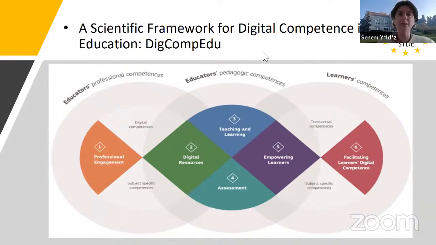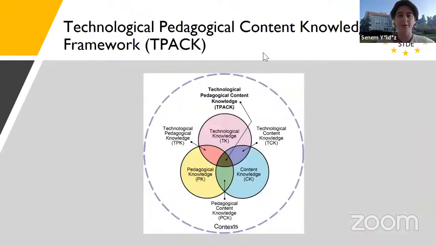This framework assesses teachers making use of digital tools and how competent they are, and how competent they feel themselves is also part of this. More information will come from Gizem.